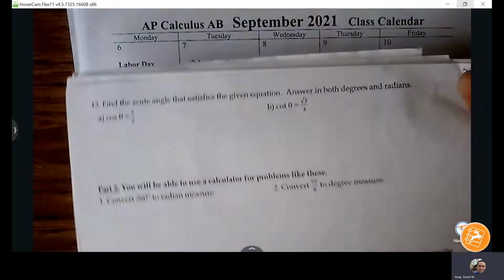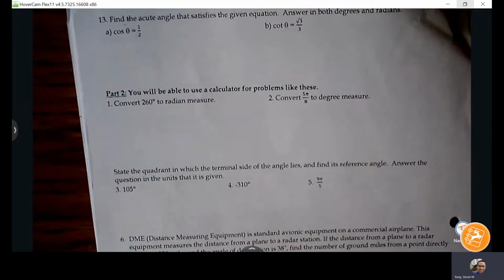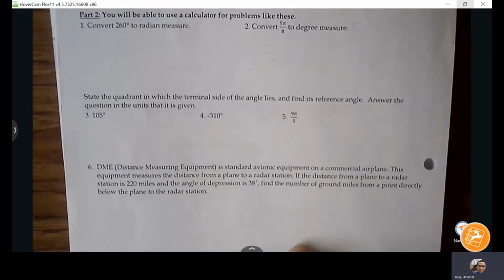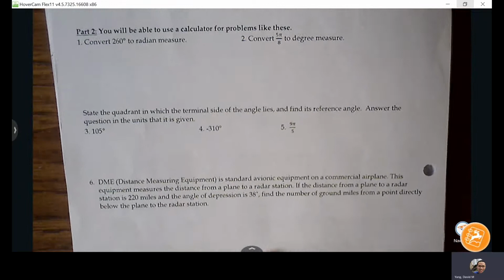So in your packet, let's go to part 2, the very last page, page 42.